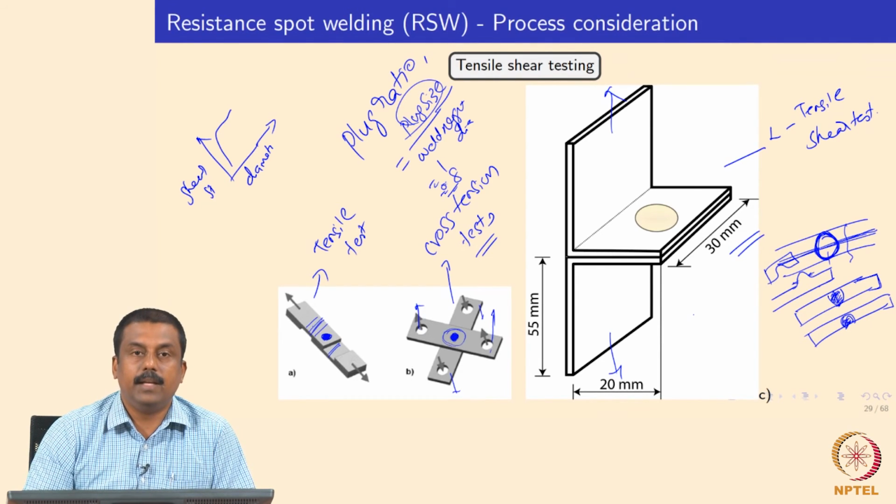So we looked at the electrode size and various shapes we use, and we will move on to the process characteristics of resistance spot welding. We started from the weld growth curves. What are the implications?